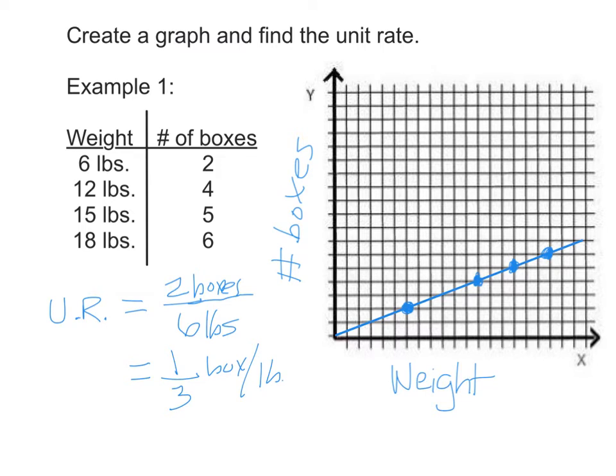Okay, so here's all of the work we did for our first example. You see the graph of our line, and we're going to find the slope of this line. We can pick any 2 points on this line and find the slope. I'm going to pick this point and this point. The way I'm going to do this is draw a little triangle that connects these 2 dots.